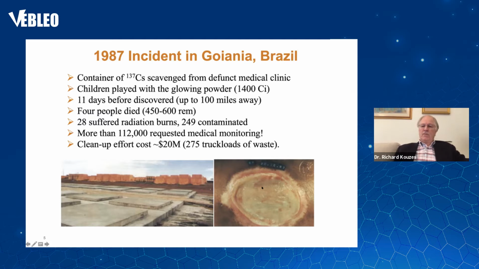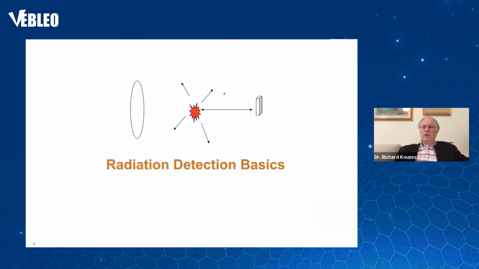The picture at the bottom on the right is a skin burn caused by this material. And on the left is the cleanup result: a lot of containers of dirt that was picked up, and cement covering contaminated materials, which cost about $20 million to clean up. So anyway, that's just one example of the threats we have.